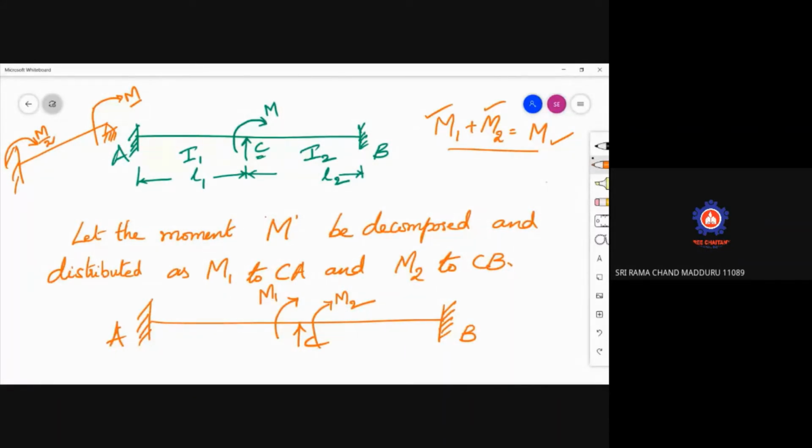So as M1 is acting here, this will create M1 by 2. Similarly, as M2 is acting at this point, this will create M2 by 2. AC span is L1 and CB span is L2, with moments of inertia I1 and I2.